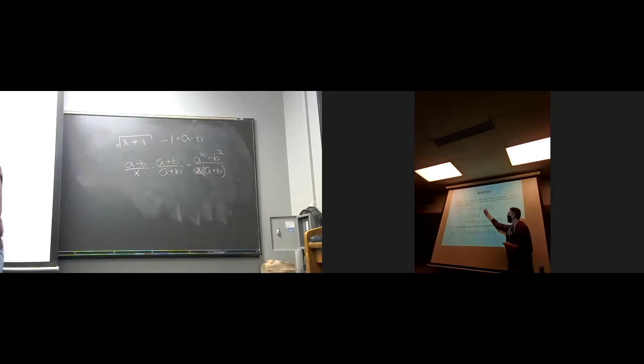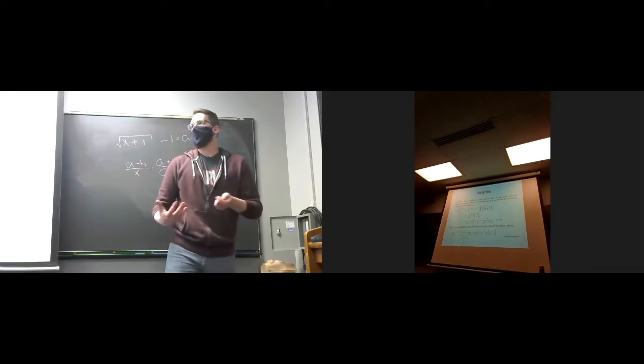Well, what's the square of the square root of anything? It's just that anything, right? Like if I took the square root of something and then told you to square that answer, it would just be that something, right? So what we're going to get here is just X plus 1, that A, right?